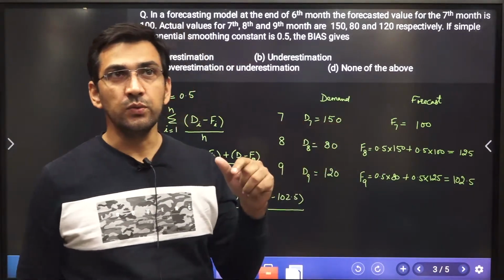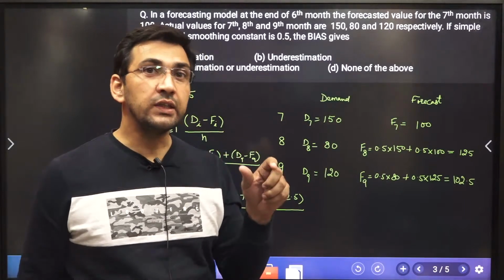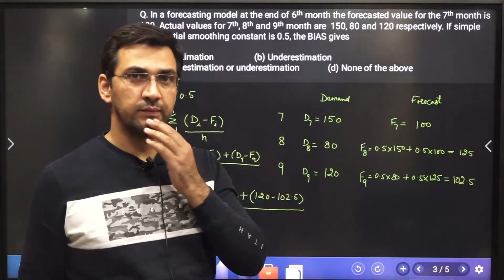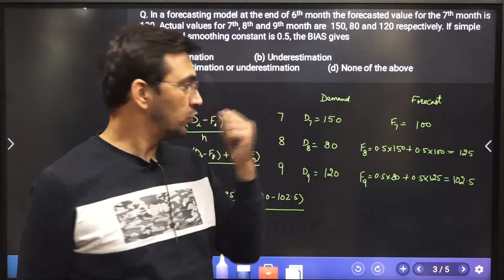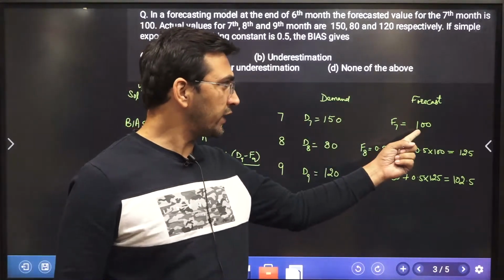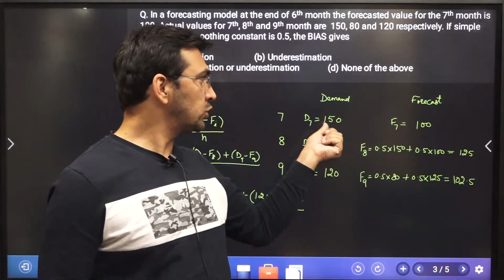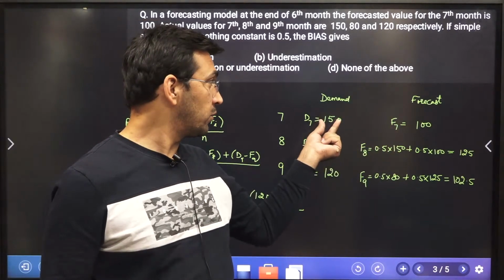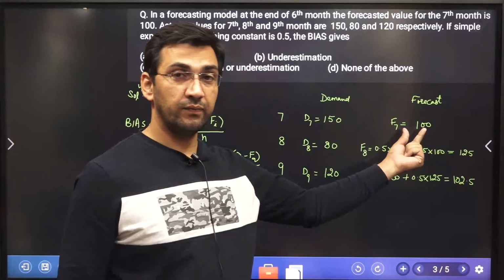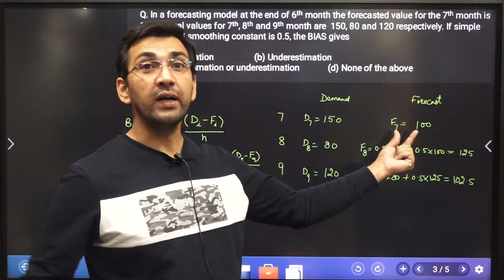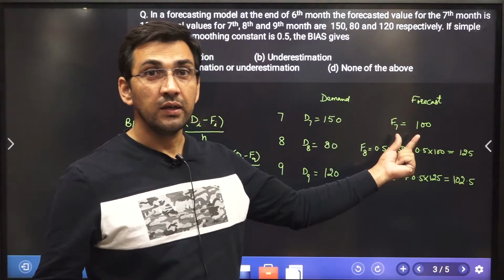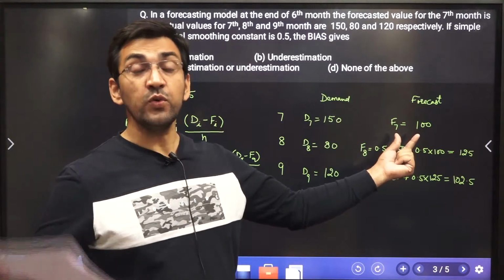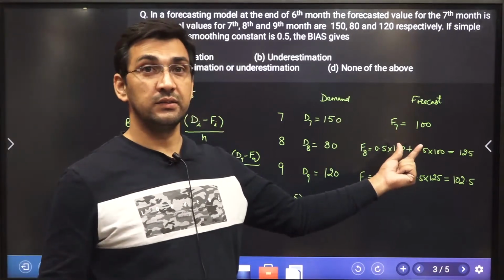Now, if I ask you whether it was overestimation or underestimation, you will say you had forecasted 100, but the actual units sold were more than that. It means you had underestimated the demand.